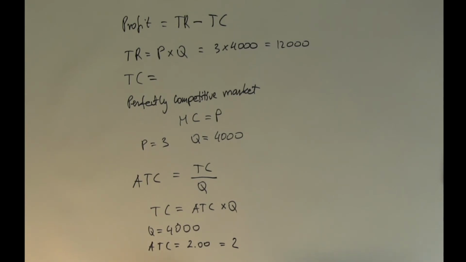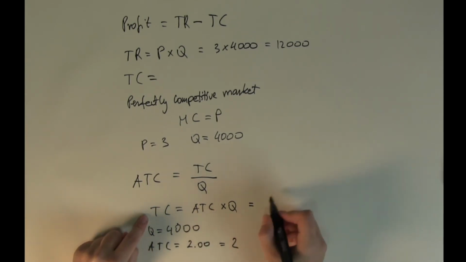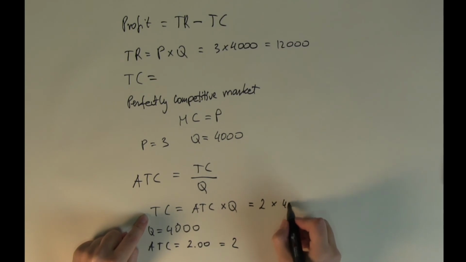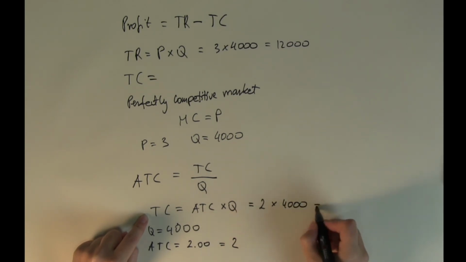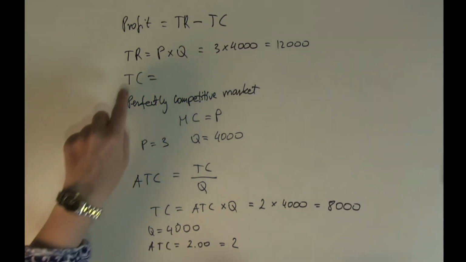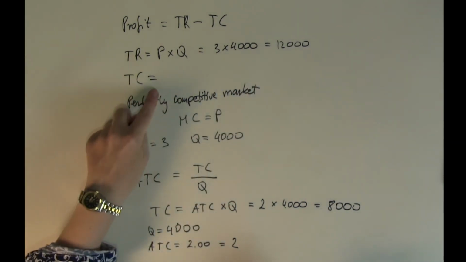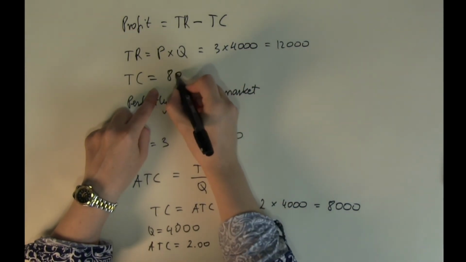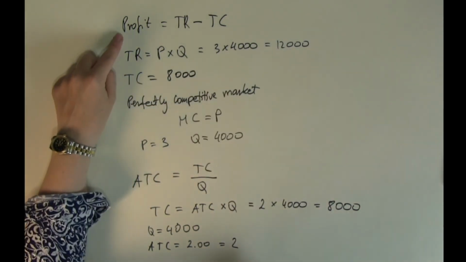So now I can calculate the total cost, because that will be 2 times the 4,000, which gives me 8,000. So now I've got the total revenue and I've got the total cost being 8,000. So I can calculate the profit.